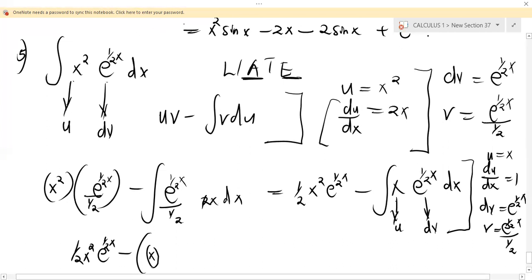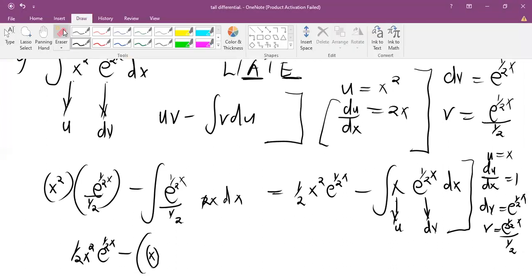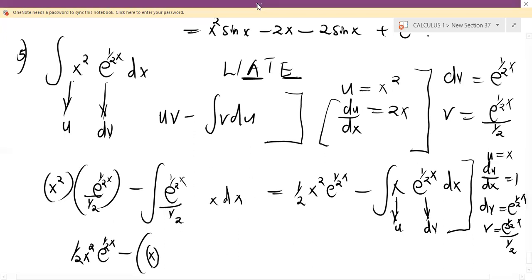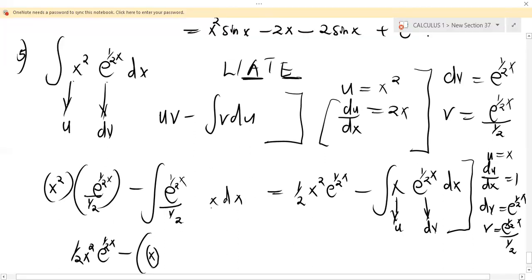So this will be just 2. So when we come to this other side, instead of a half here, we will have 2.